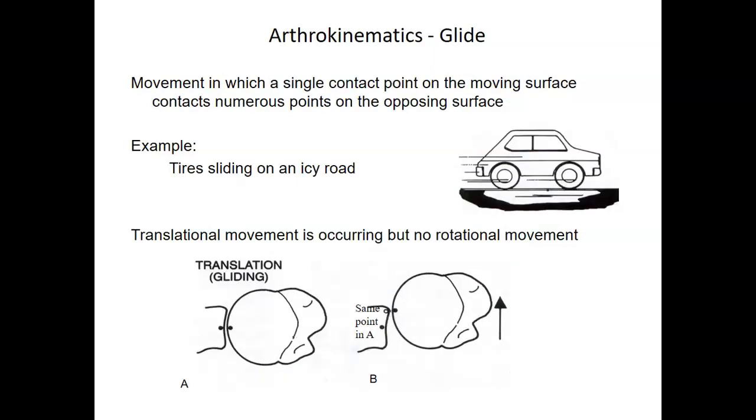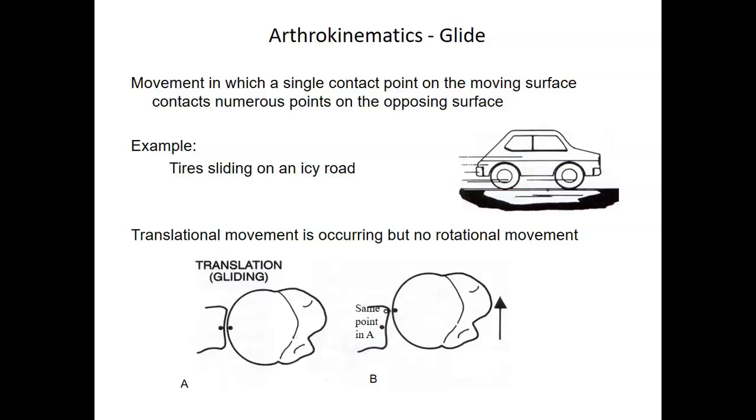The glide or slide is a single contact point on the moving surface as it goes along the opposing surface. So it's fixed and it's moving along a surface.